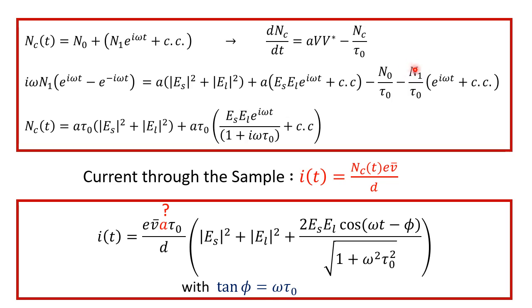So I put all the n1s on one side, and then compare frequency by frequency terms, and essentially what I would get is this would become my new n naught, and this will become my n1 times exponential I omega t plus its complex conjugate.